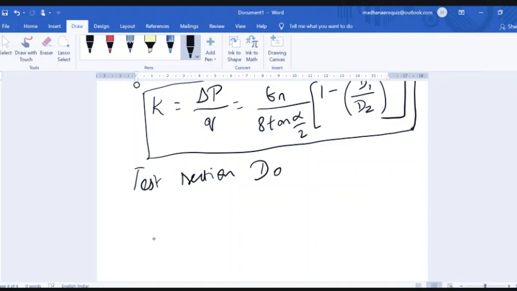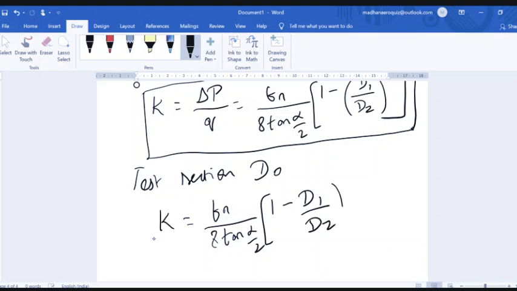So when the test section diameter is added, the pressure loss coefficient will be rewritten as F1 by 8 tan alpha by 2, times 1 minus d1 by d2 whole to the power of 4, and then d0 by d1 whole to the power of 4. Just multiply this term instead of multiplying with the velocity ratio.